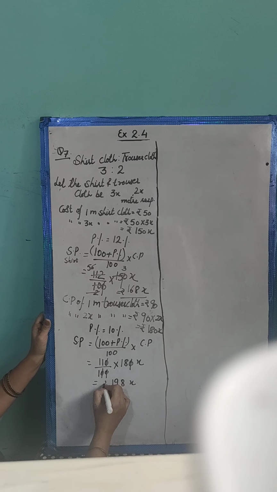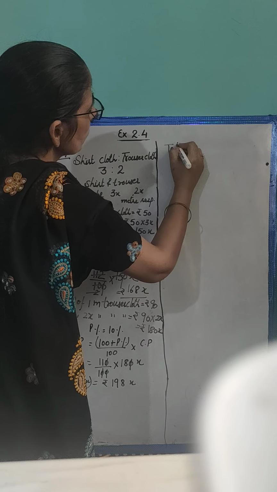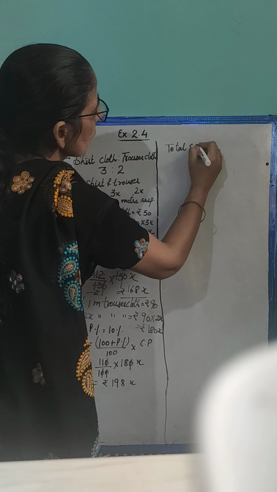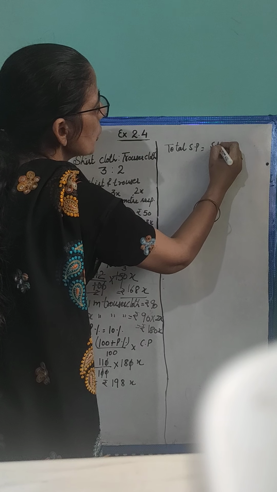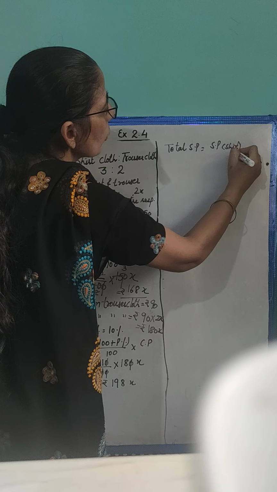Answer is SP of trouser is this. So what is the total SP? Total SP means SP of shirt plus SP of trouser.